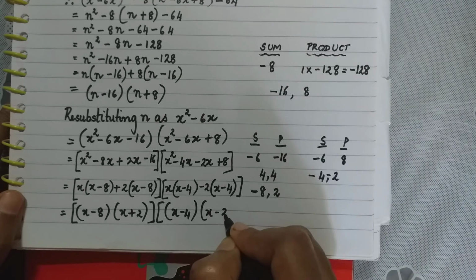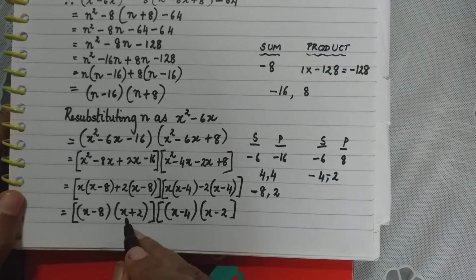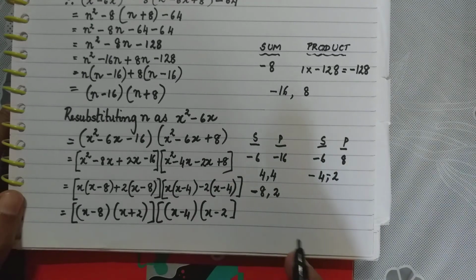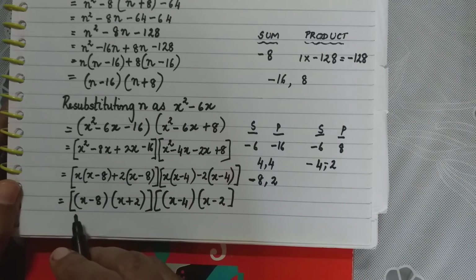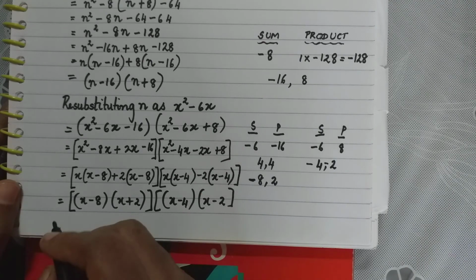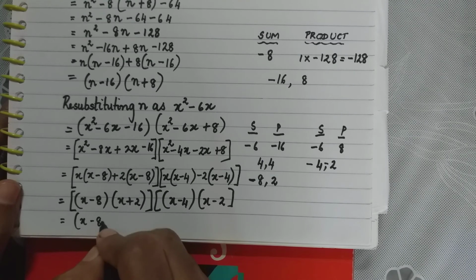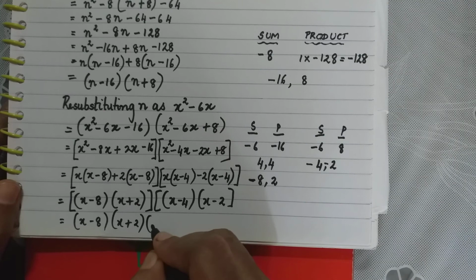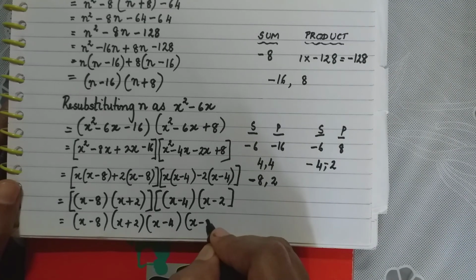X minus 2. So now we see in this square bracket there are two factors. In this square bracket there are two factors. That means all these four terms are multiplying with each other. So do we need these square brackets anymore? We don't need them. So we directly write the answer as x minus 8 into x plus 2 into x minus 4 into x minus 2.